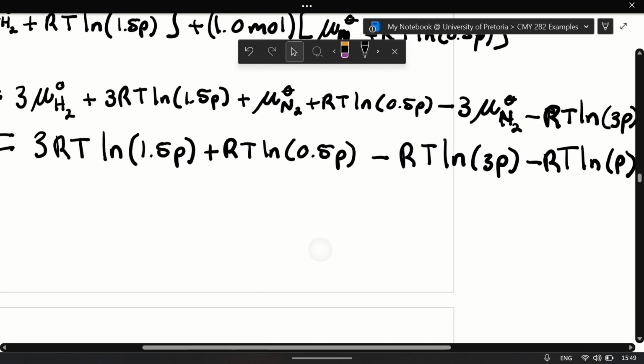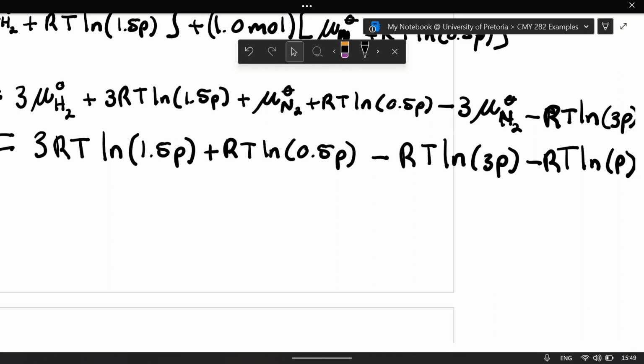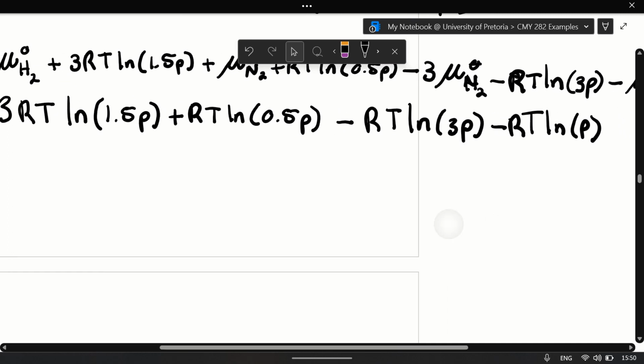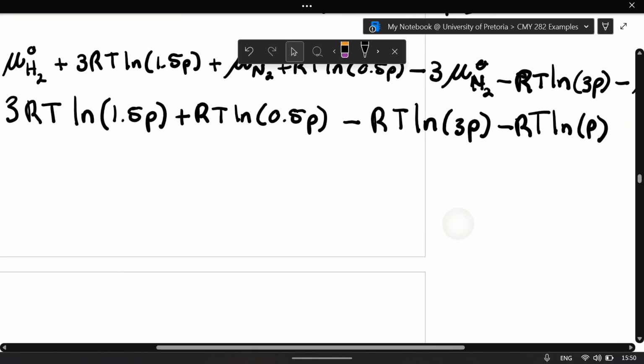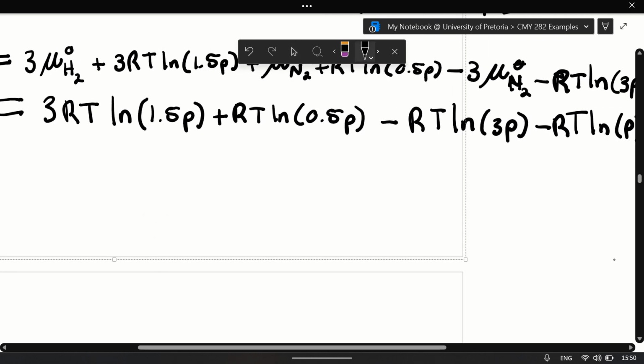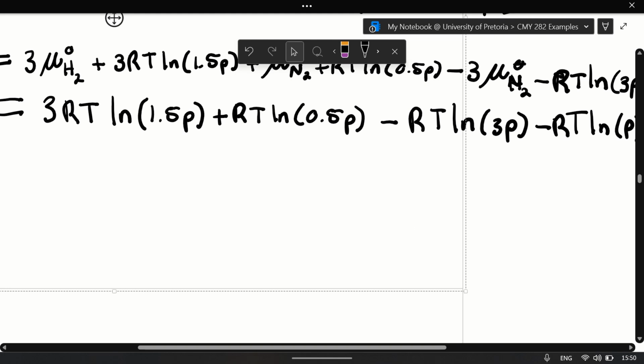Okay, so now remember, the ln of something minus the ln of something else can be the ln of that divided by that. So what I think would be prudent is if we group this in a way, yeah, this is going to be good. I think I maybe lost, where's the other 3?